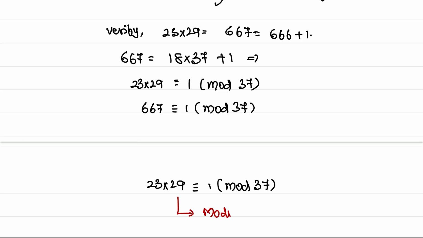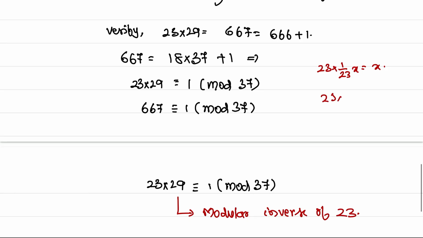Modular inverse of 23. As we have told, 23 into 1 by 23 into x is equal to x. 23 into 1 by 23 is equal to 1 in regular arithmetic.